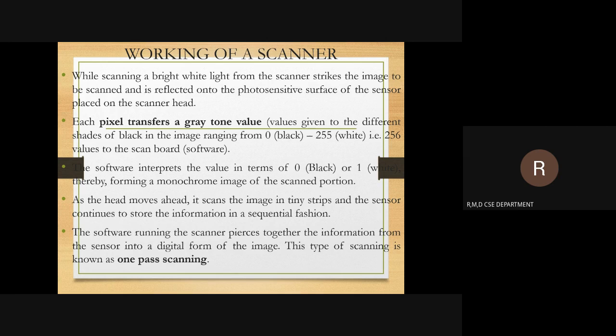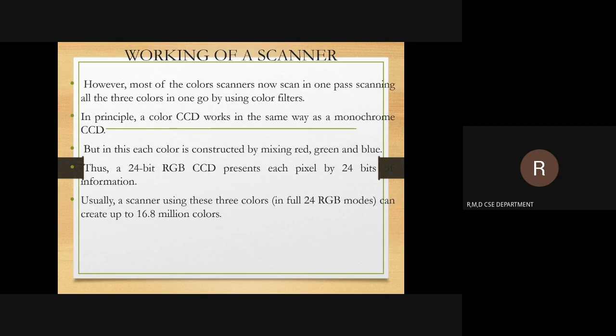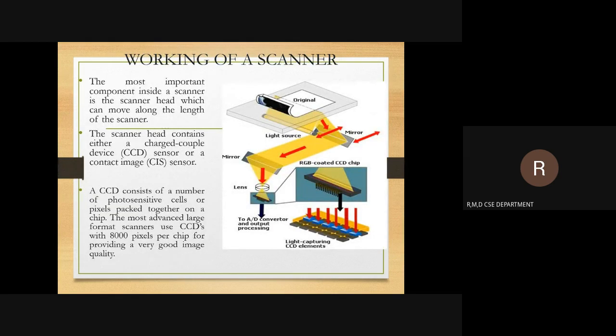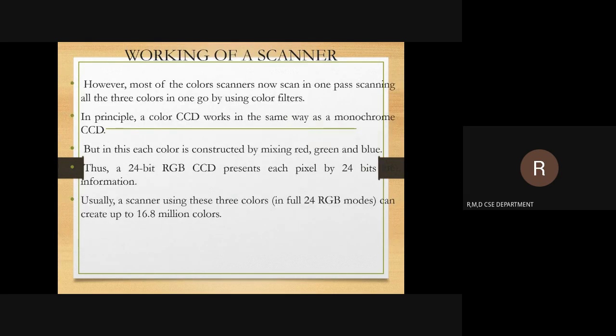As the head moves ahead, it scans the image in tiny strips, and the sensor continues. In this type of scanning, the software running the scanner puts together the information from the sensor, which is called one pass scanning. As we have seen already, this is called a charge coupled device.